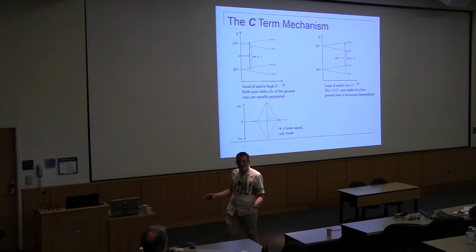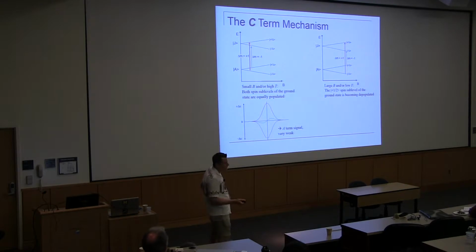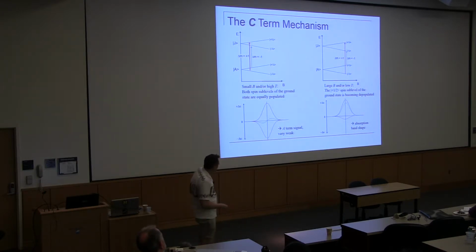So we have a different transition probability from these two states due to the different Boltzmann population. That means we get a bigger band for the red transition and a smaller one for the blue transition. There are simply more molecules in the MS minus 1/2 state compared to the MS plus 1/2 state. The bands do not cancel out anymore, and we end up with a large signal here corresponding to an absorption band shape.